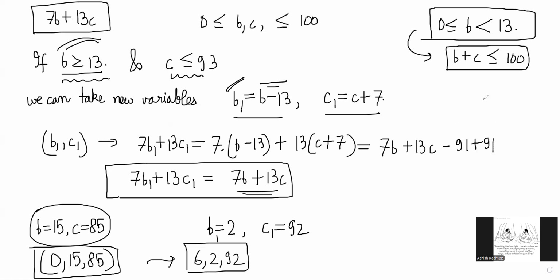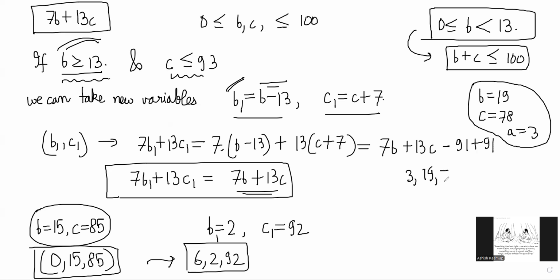You can take any possibility: b is 19, c can be anything, let's say 78, and a is 3, right? This case can be converted to a lower value. So the triple is (3, 19, 78). I will convert it to this pair.